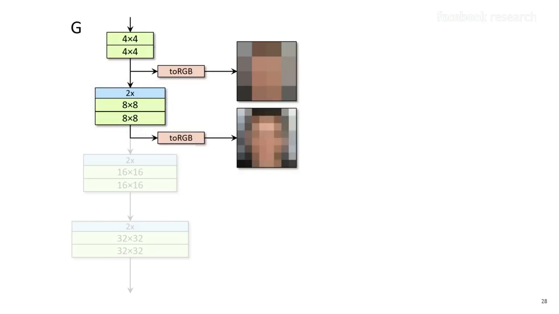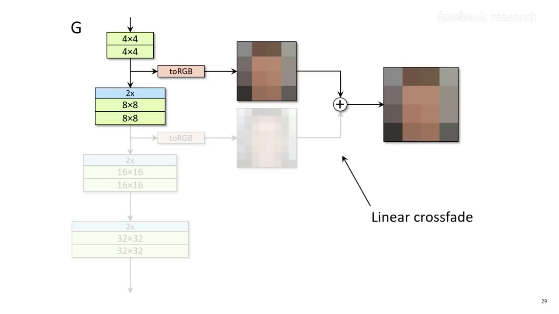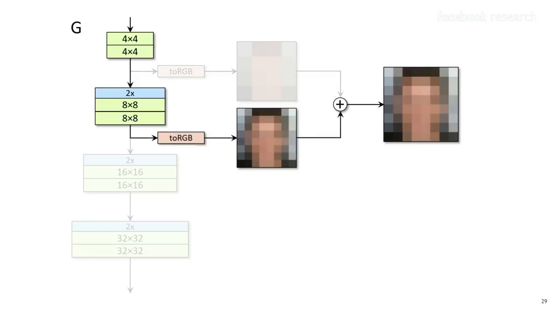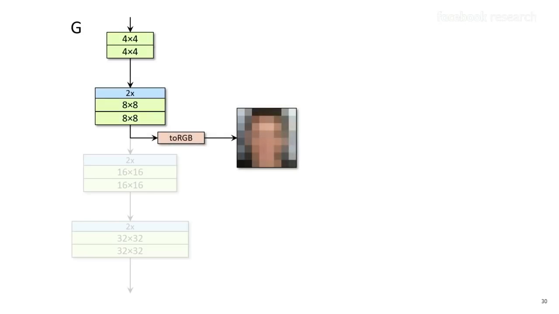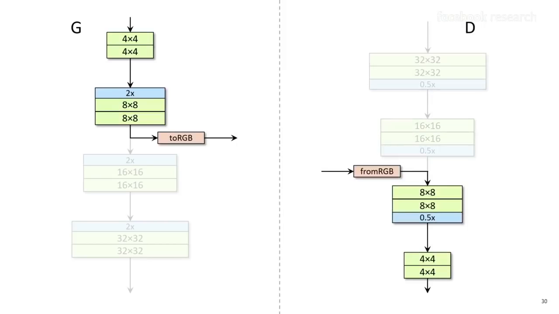So what we do instead is extract two images at different resolutions and do a linear crossfade between them to gently introduce these new layers. Once we're done, we'll scrap the low-resolution image and keep going. Our discriminator is a perfect mirror image of the generator, and both networks keep growing in synchrony using exactly the same kind of linear crossfades.